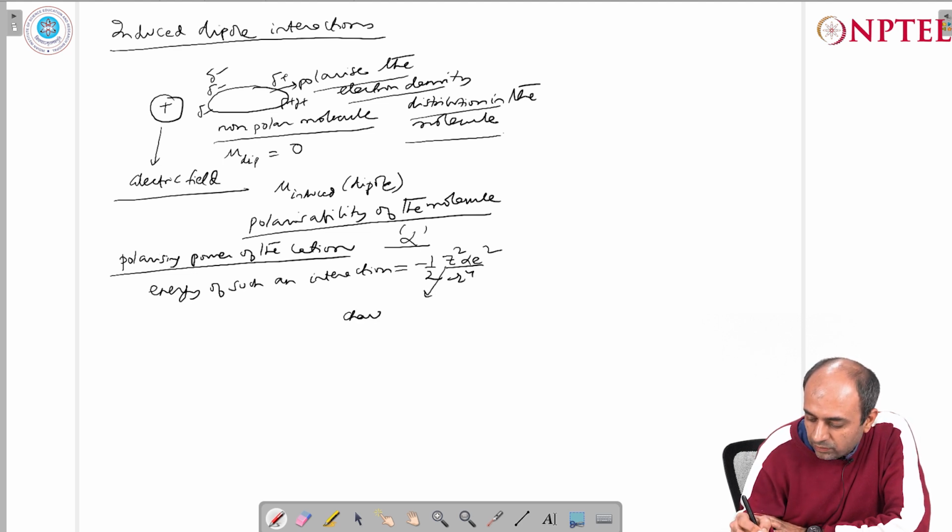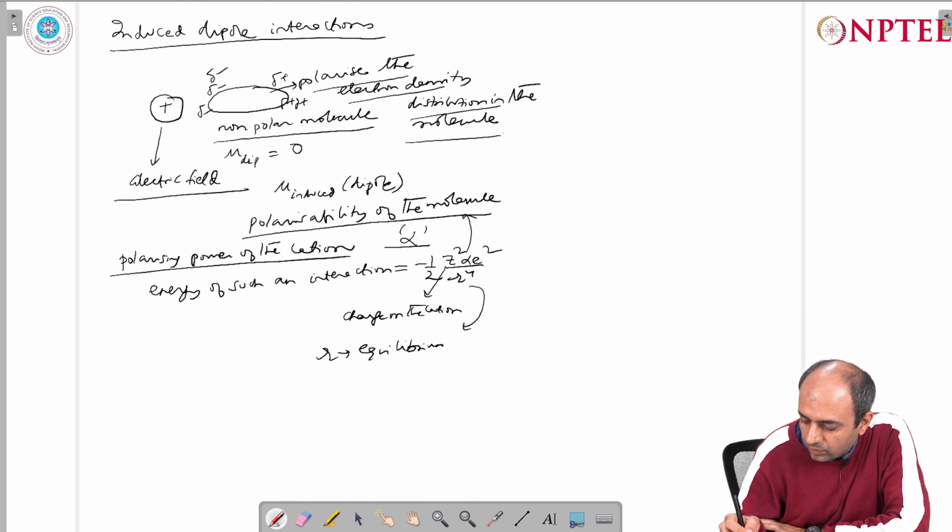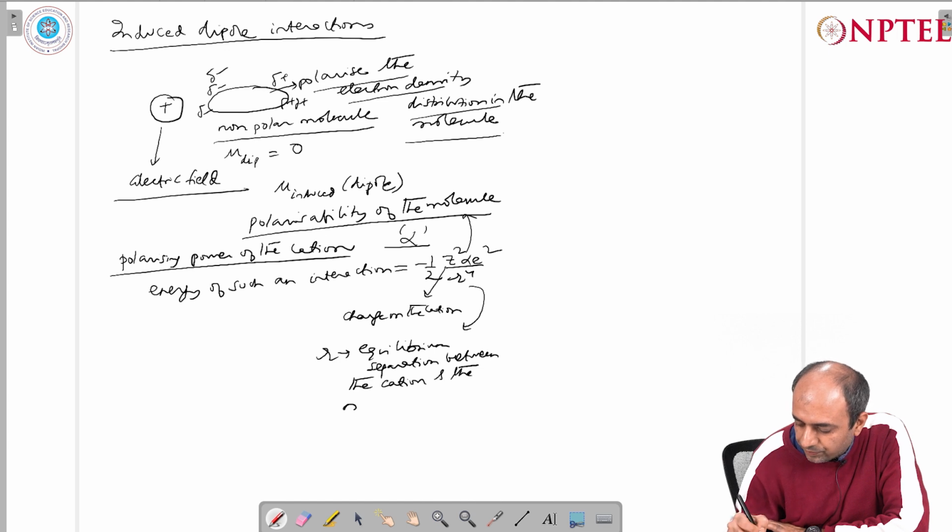This is the charge on the cation. It can be monopositive, dipositive, tripositive, and alpha is the polarizability of the molecule, and r is the equilibrium separation between the cation and the molecule.